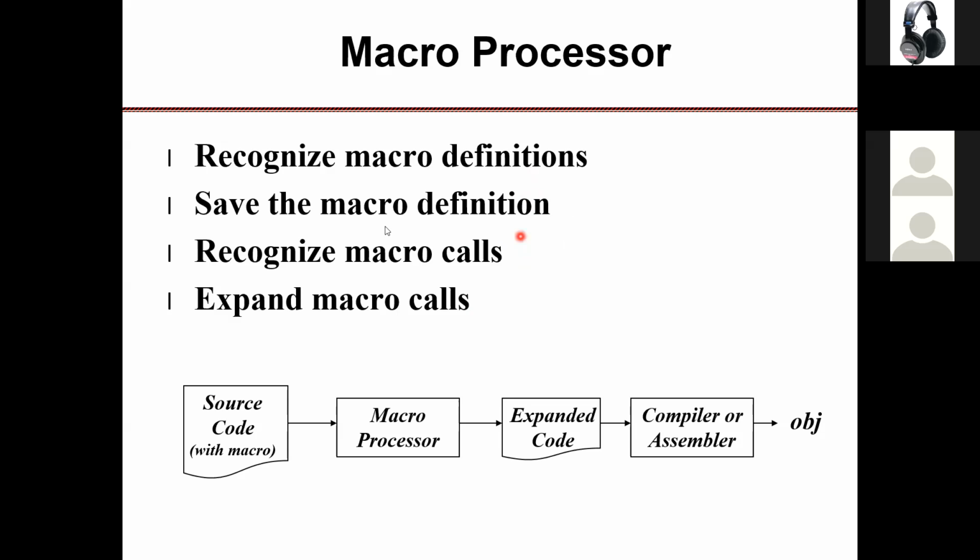And then the assembler needs to recognize that we're calling that macro, and it needs to perform the macro expansion itself from the macro calls. Okay, because the whole goal here is that we're going to start with source code and generate object code.